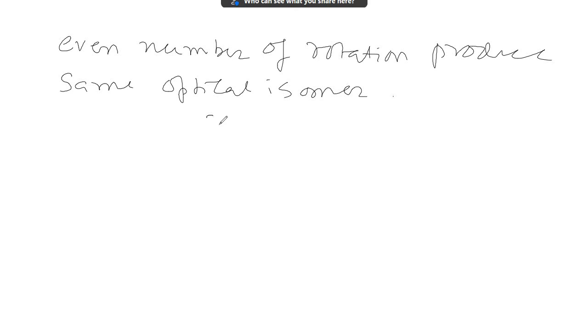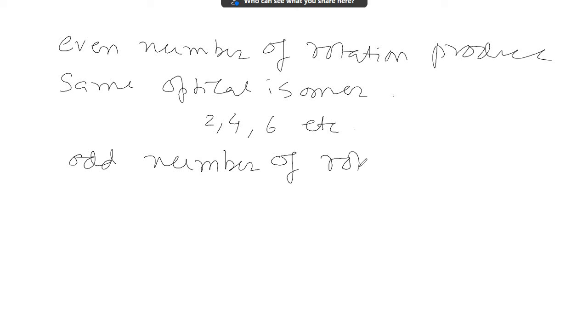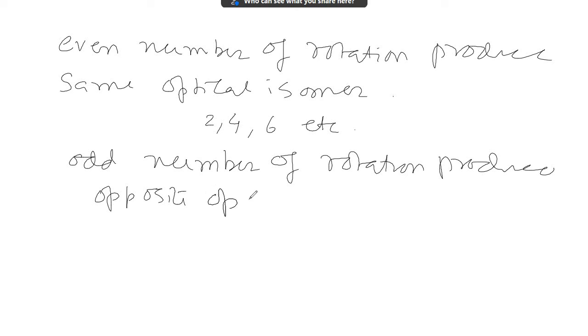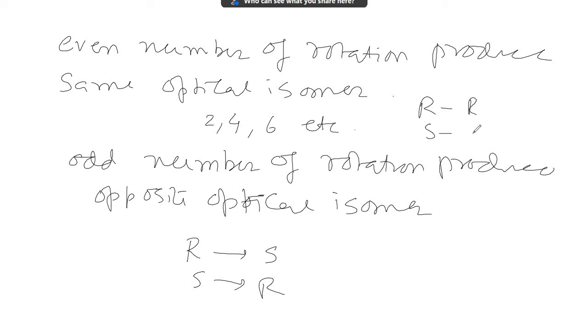Even number of rotation means 2, 4, 6, etc. Odd number of rotation produce opposite optical isomer. That means in case of odd number of rotations, R becomes S, S becomes R. But with even number of rotations, R remains as R, S remains as S.